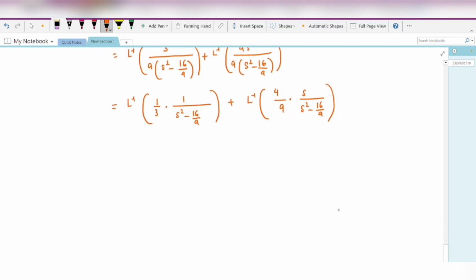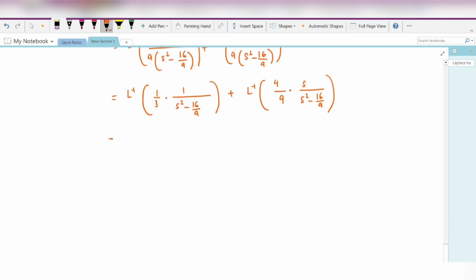So this is equal to 1 by 3 times Laplace inverse of 1 by s square minus, 16 by 9 can be expressed as 4 by 3 whole square, plus L inverse of 4 by 9 again can be taken out.